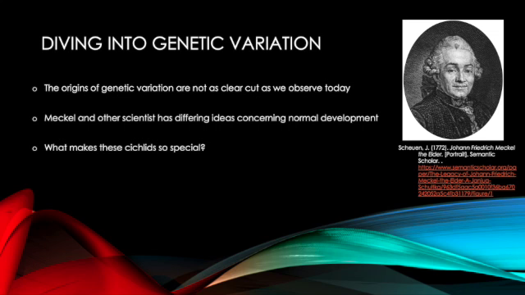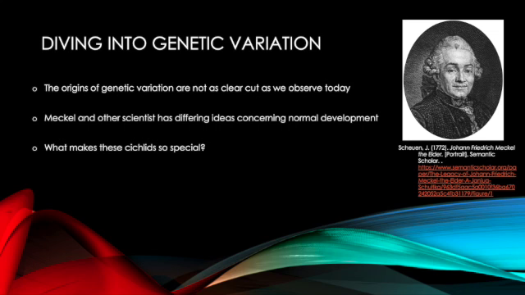For example, Johann Friedrich Meckel, a scientist in the early 1800s, studied these abnormal developments and considered these to be a result of deviations from whatever the normal process of development was. Meckel, as well as other scientists, allowed for the ultimate understanding of genetic variance as we know today.